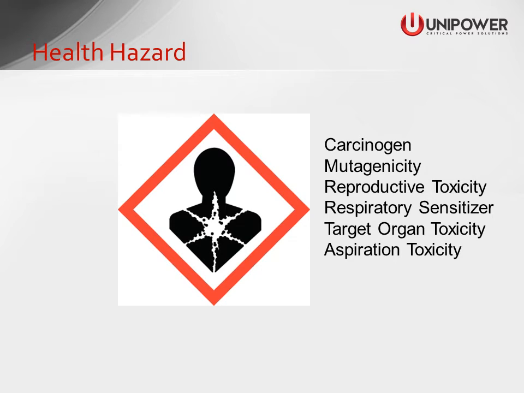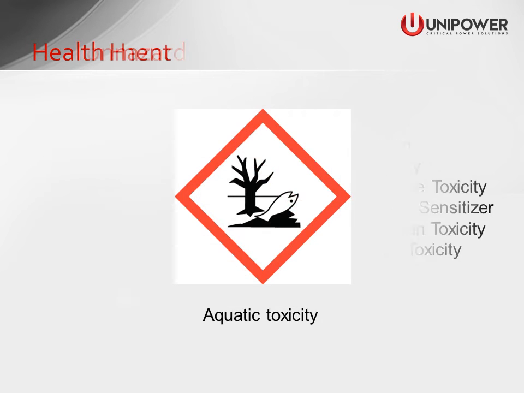The symbol below identifies a health hazard. The hazard might include carcinogen, mutagenicity, reproductive toxicity, respiratory sensitizer, target organ toxicity, and aspiration toxicity. The symbol below indicates an environmental hazard, specifically aquatic toxicity.